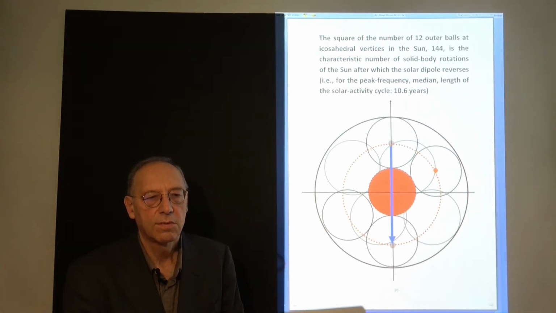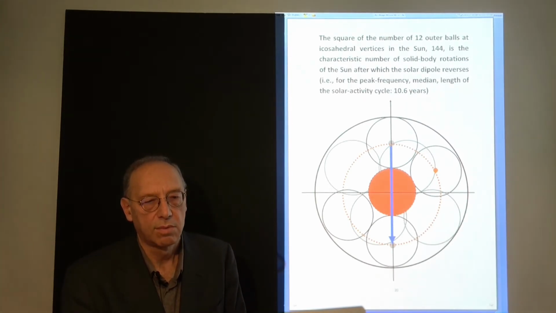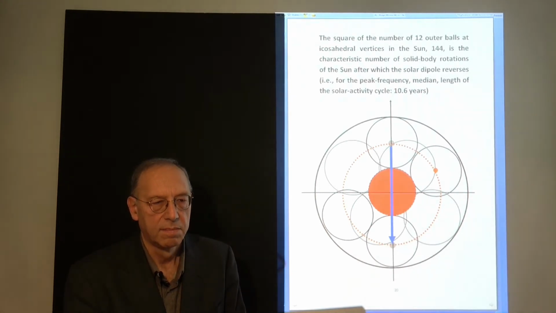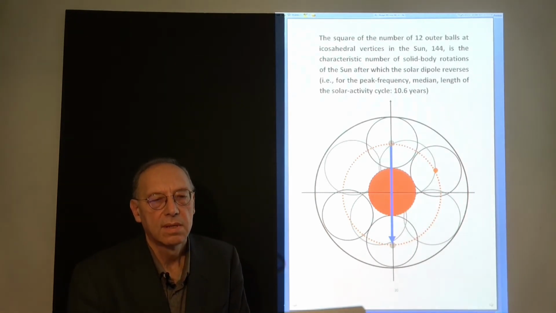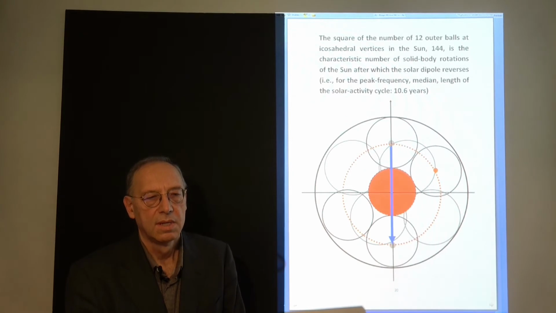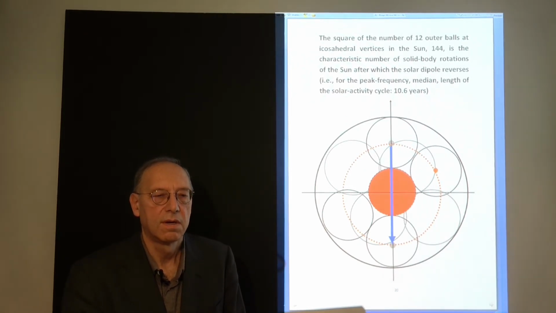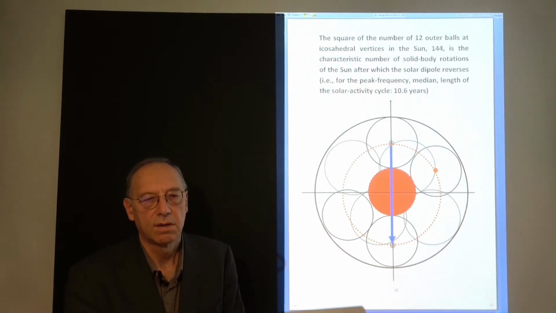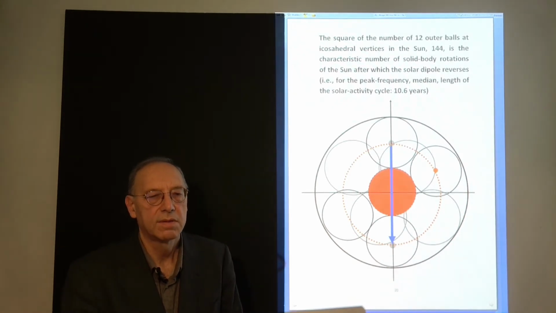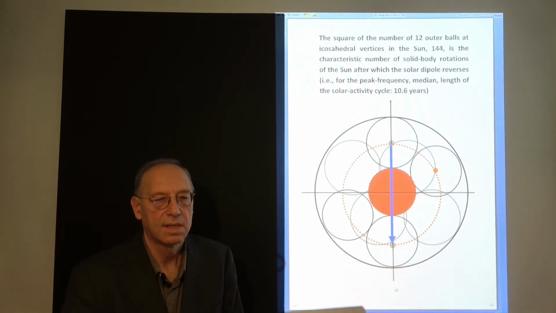You see, the square of the number of outer balls, 12, is 144, and it happens to be the characteristic number of rotations of the core and of the solid body shell of the Sun over the 11-year solar cycle, the peak frequency of which, to be more precise, is exactly 10.61 years.